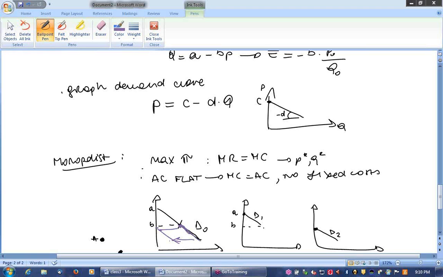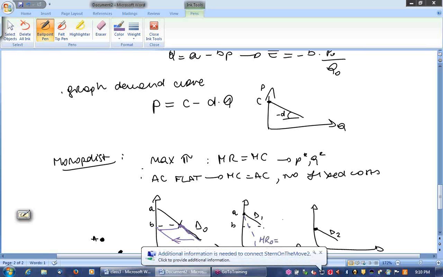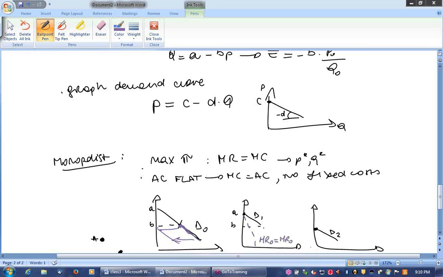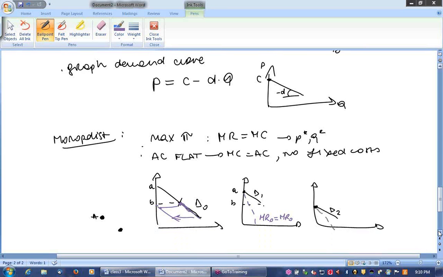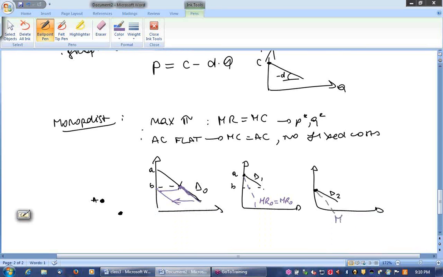So the first part, D1, will always have the same marginal revenue as D0. For the second part of the demand, MR2 will always be smaller than MR0.